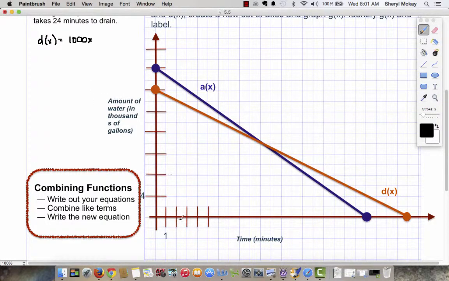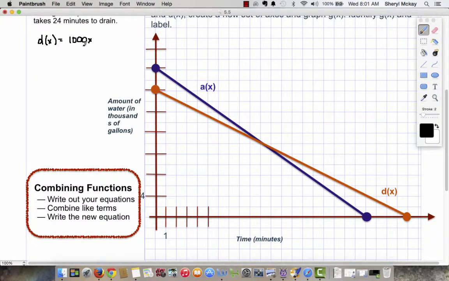And down here, the graph says time in minutes, so my x value is going to be the minutes. So 1,000 times 1 would mean that in 1 minute, his pool has drained 1,000. In 2 minutes, it will have drained 2,000.